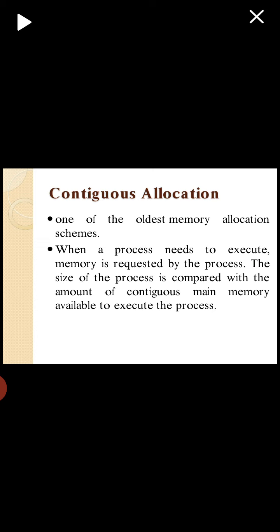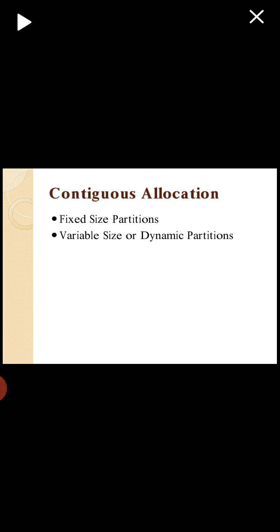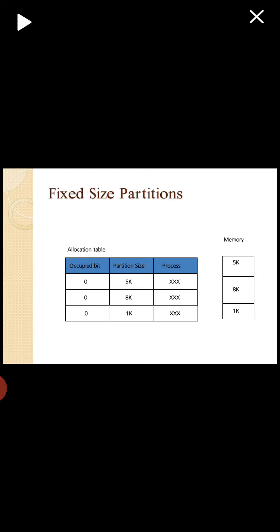This contiguous allocation depends on the process. The size of the process is compared with the amount of contiguous main memory available to execute the process. Contiguous allocation consists of fixed size partition, and variable size or dynamic partition.